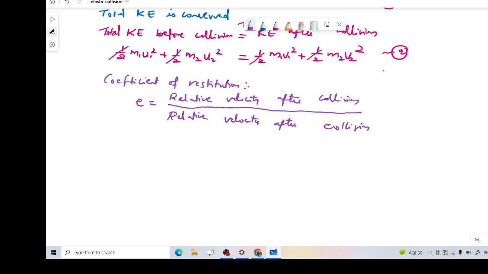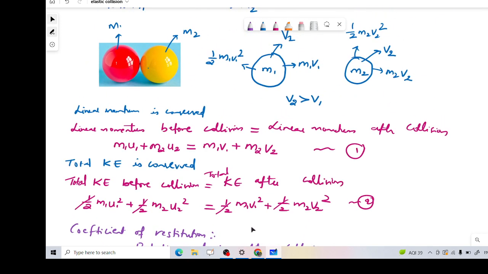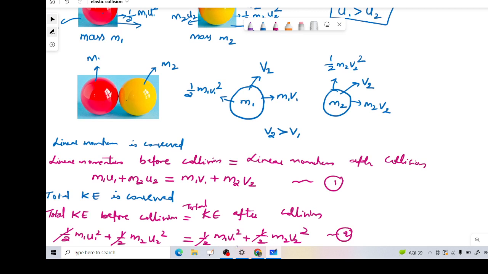First we need to find the relative velocity after collision. Between these two balls, m1 and m2, after collision they have velocity v1 and velocity v2. Here v2 is higher as compared to v1, so the relative velocity between these two balls becomes v2 minus v1.